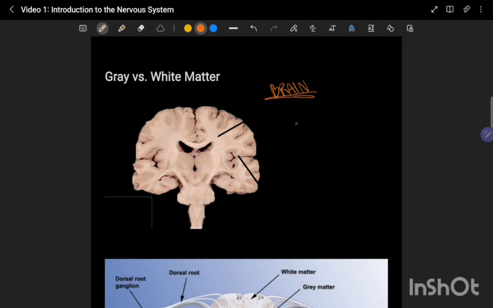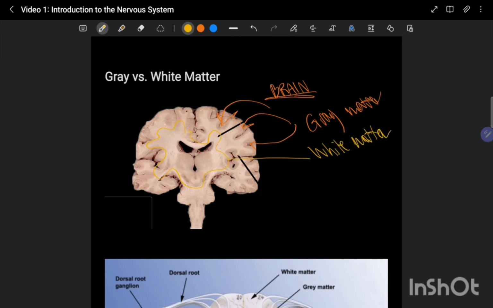So in this image here, the darker shaded external pattern we see is going to be our gray matter. These are our gyri and sulci of the brain. The internal part, all of this deeper stuff that does appear lighter, that is going to be our white matter.